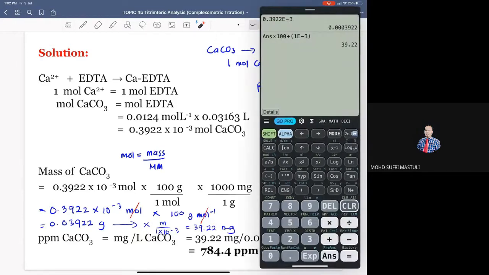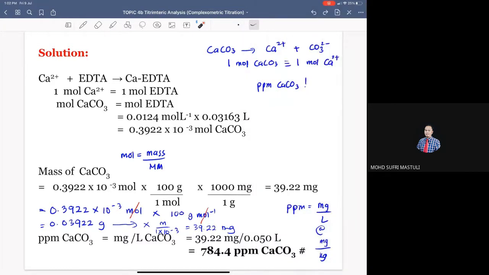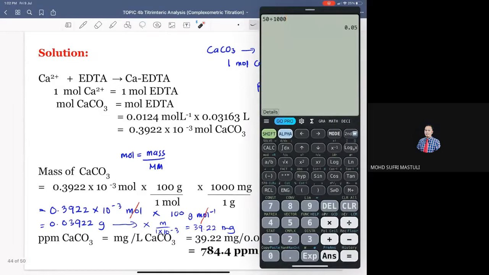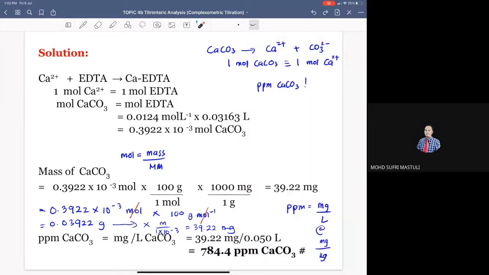So 50 ml divided by 1000 is 0.05 liter. This 39.22 milligram divided by 0.05 liter gives you the answer in ppm.